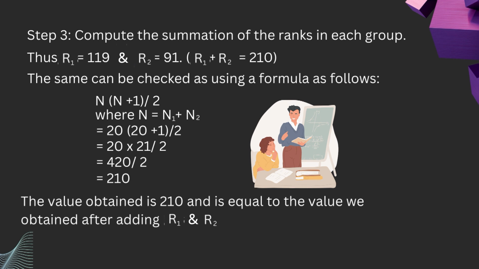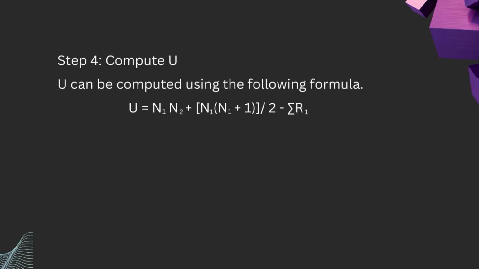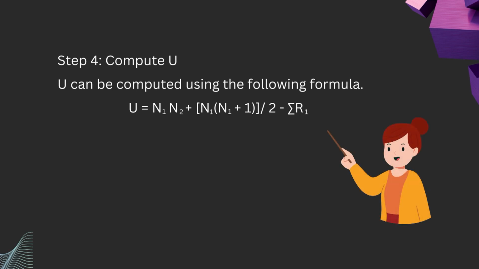Now, let us go with step number 4, and in step number 4 we have to compute the U value. U can be computed using the following formula: U is equal to n1 multiplied by n2 plus n1 (n1 plus 1) divided by 2 minus summation R1.